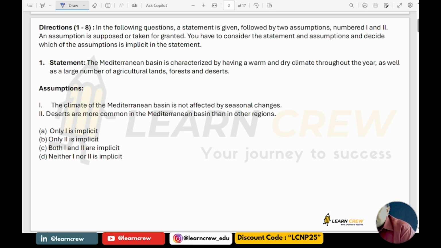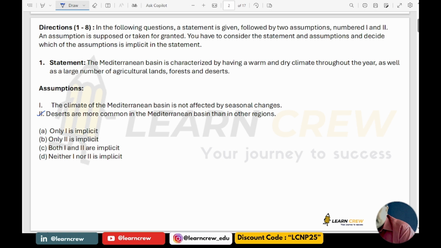This information, whatever is given in the statement, can be interpreted as suggesting that deserts are common in the Mediterranean basin, which is the implicit assumption in the second one.